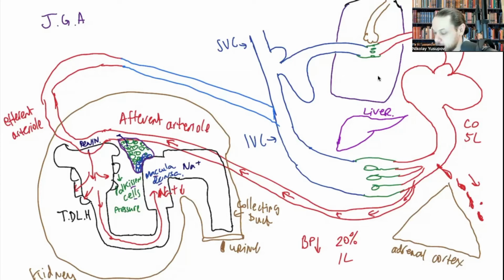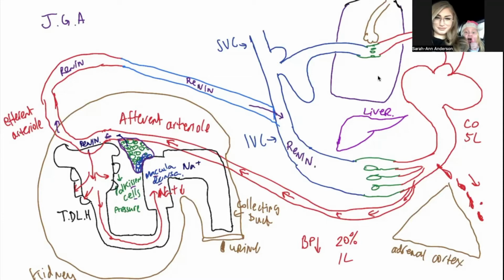So because there's low blood flow and low blood pressure, both of these cells are sending renin into the circulation. The renin comes into your efferent arteriole, then into your renal vein, and all of a sudden this renin ends up in your circulation.